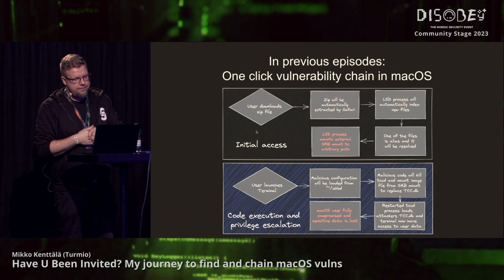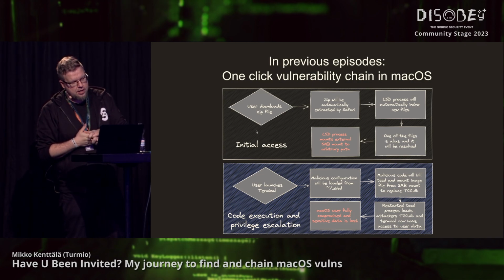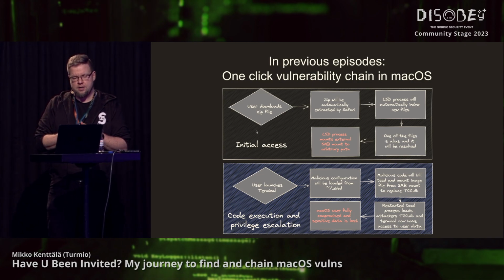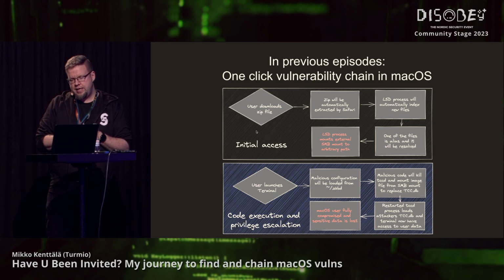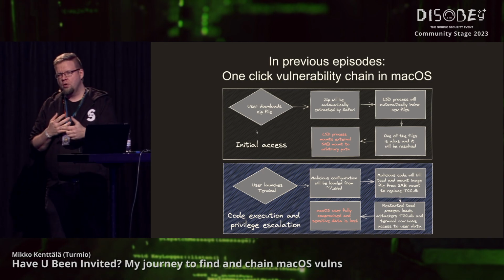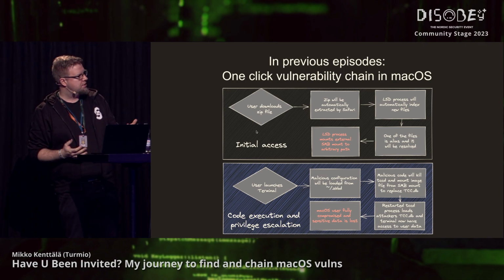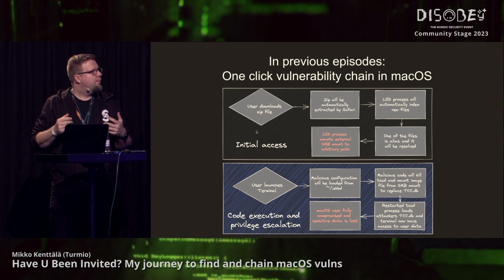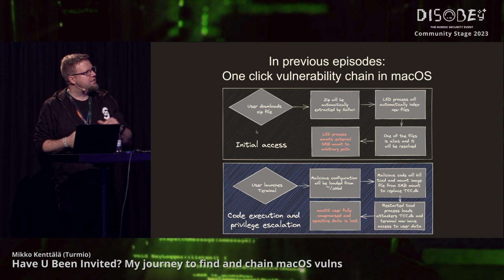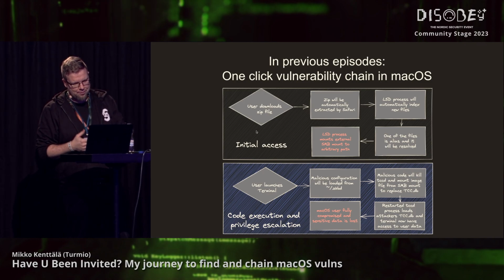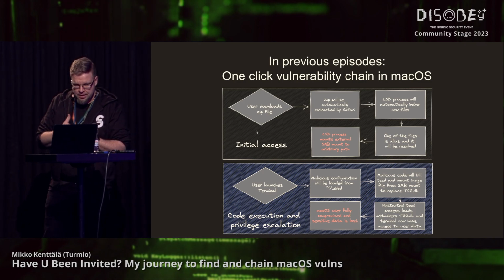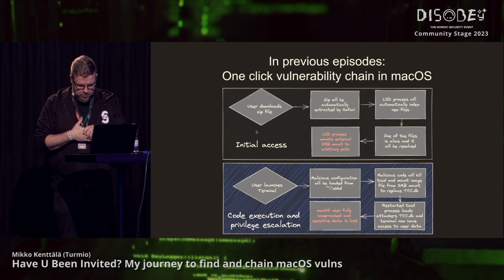I've given a couple of presentations about another one, which was a full vulnerability chain related to macOS. It all started from the point where the user decides to click the download button for a certain file, and the zip file will be downloaded.